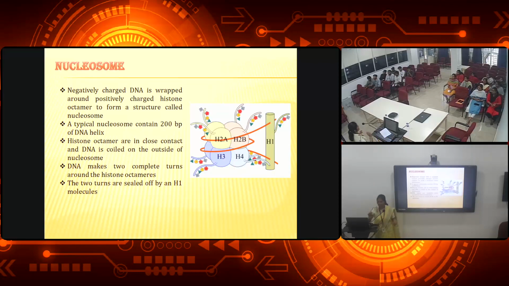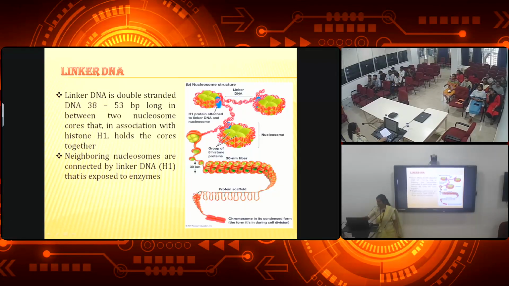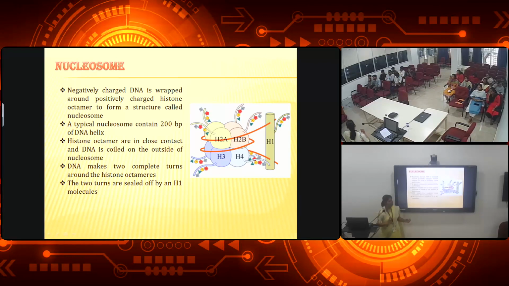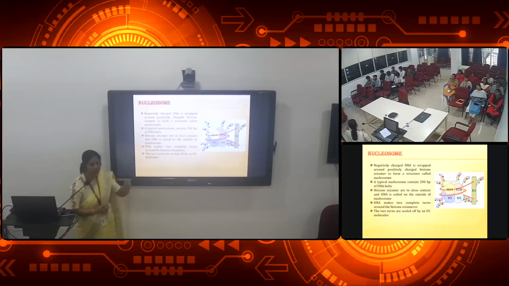Okay, so this structure is called an octamer. That octamer structure is called the nucleosome. Okay, so the typical nucleosome contains about 200 base pairs of DNA helix. So in the DNA helix, 200 base pairs per nucleosome are present.